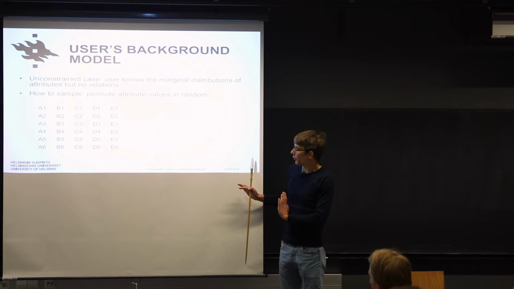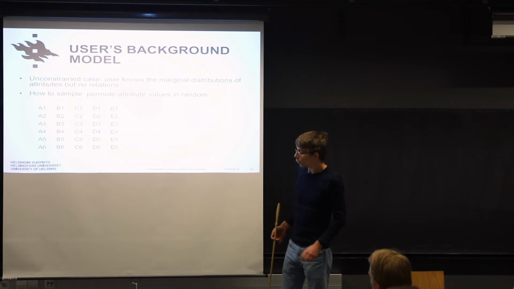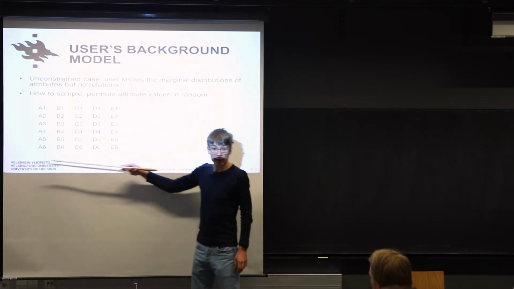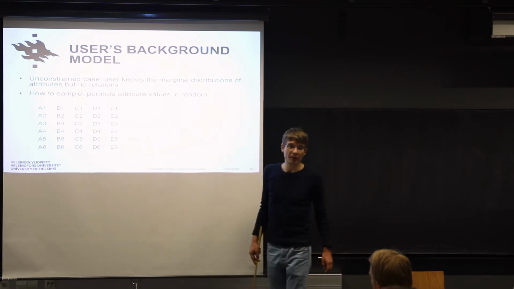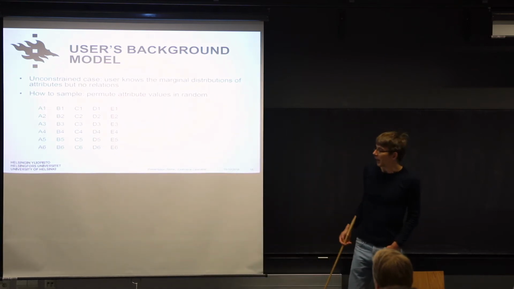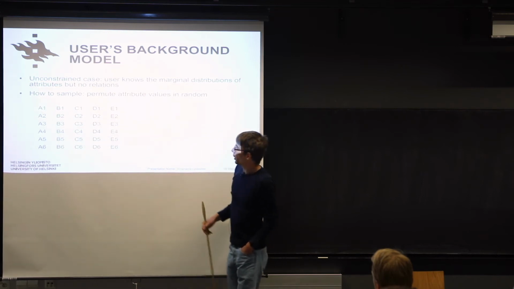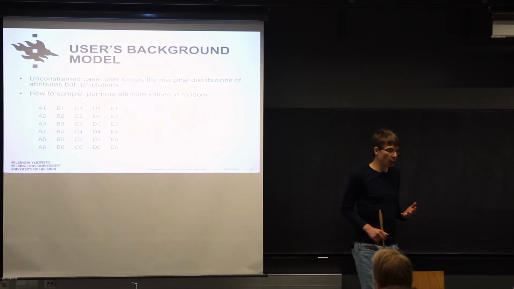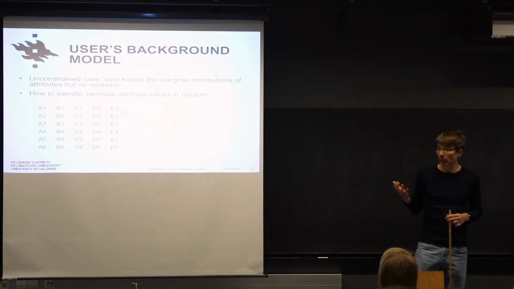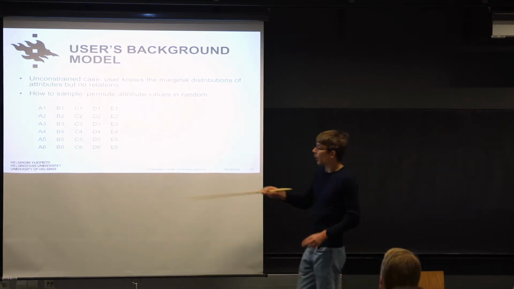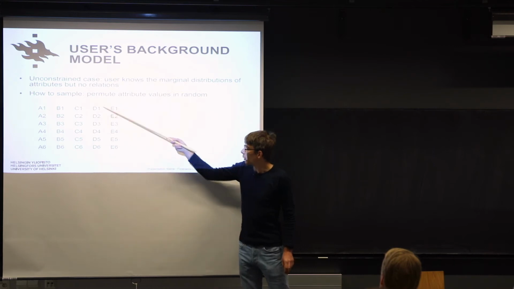Now if we go to this concrete example, assume that you have data as an Excel table. Most data sets can be presented as Excel tables, where rows are data items and columns are attributes. Now assume that the user knows the marginal distributions of each variable, but nothing else.